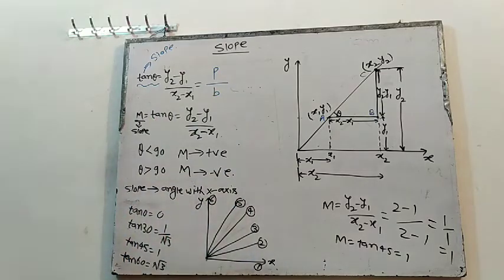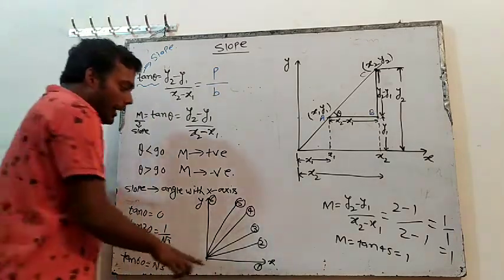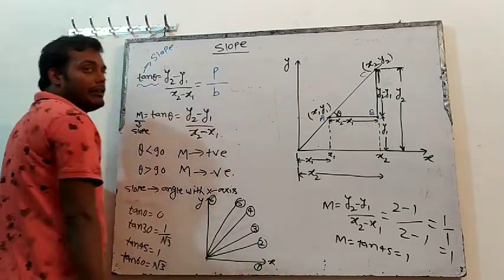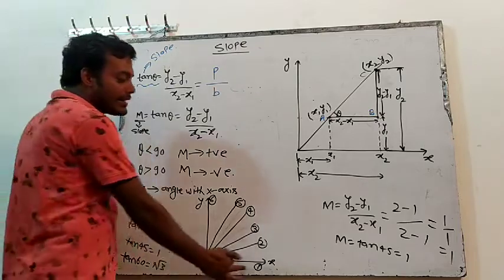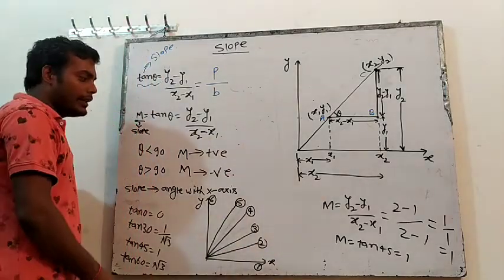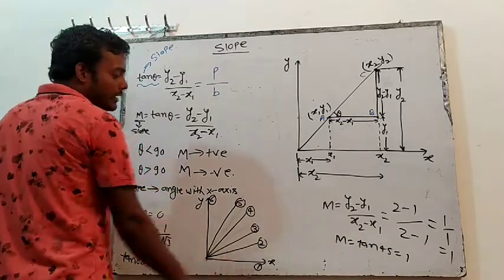So let's say there are 6 lines. The first line is our x-axis. So the x-axis will make how much angle with the x-axis? 0 degrees. So tan 0 is 0. That means the slope of the first line will be 0.